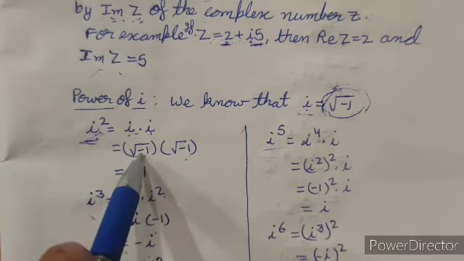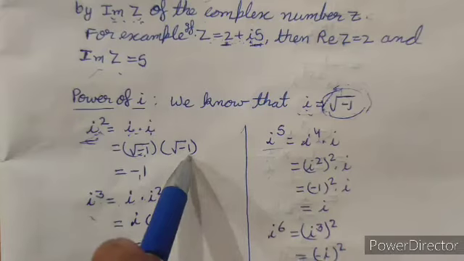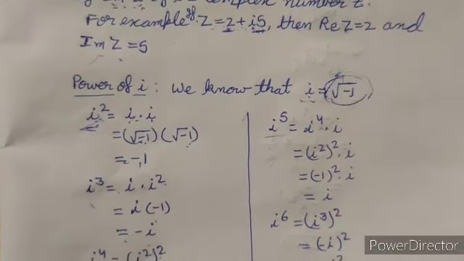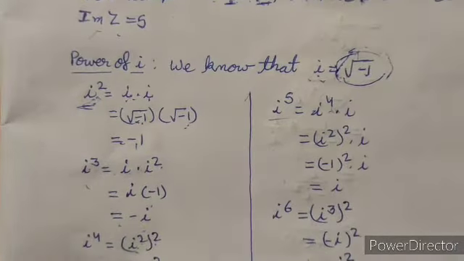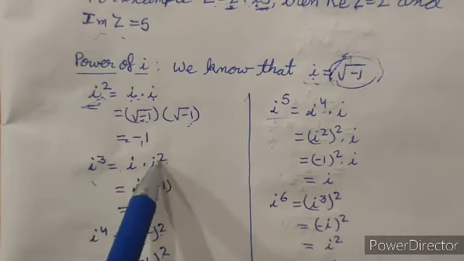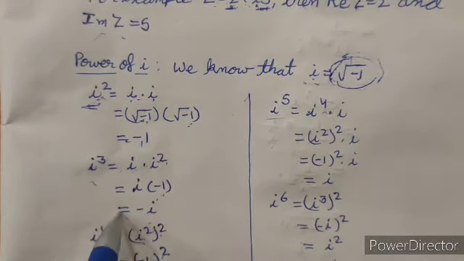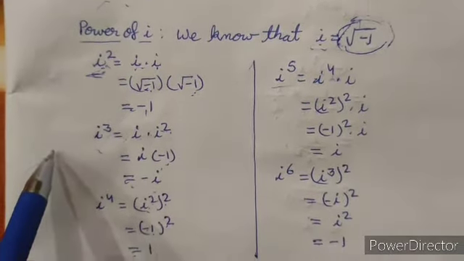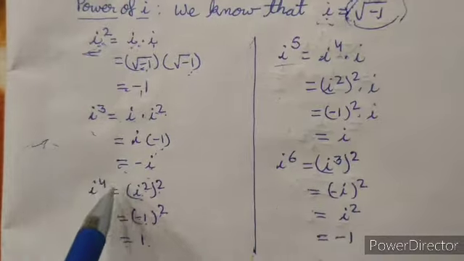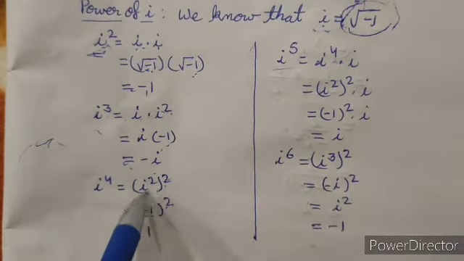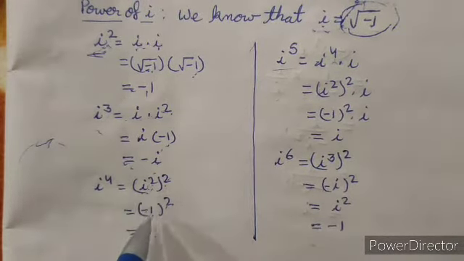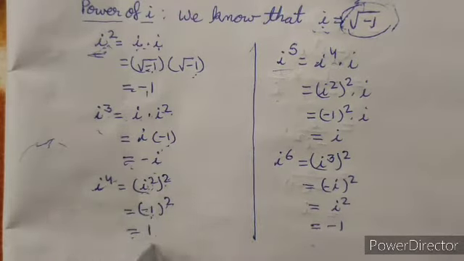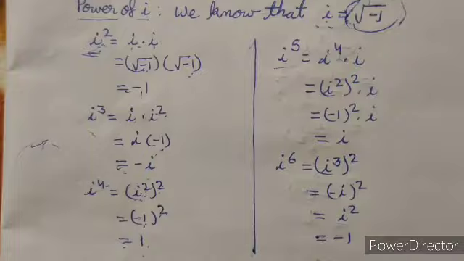So, that will be equal to root minus 1 into root minus 1, and that will be equal to minus 1. Now, i cube will be equal to i into i square. Now, value of i square is minus 1 and that will give us i cube as minus i. Now, i raised to power 4 will be equal to square of i square, and i square is equal to minus 1, and that means i raised to power 4 will be equal to 1.